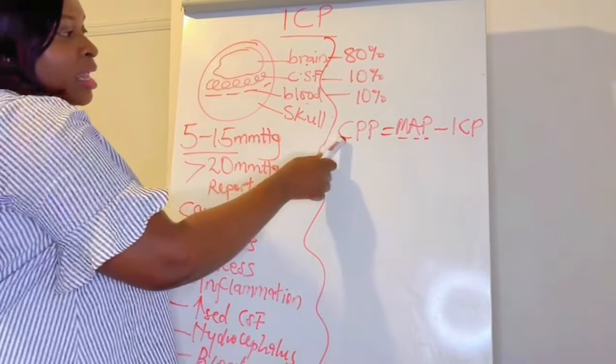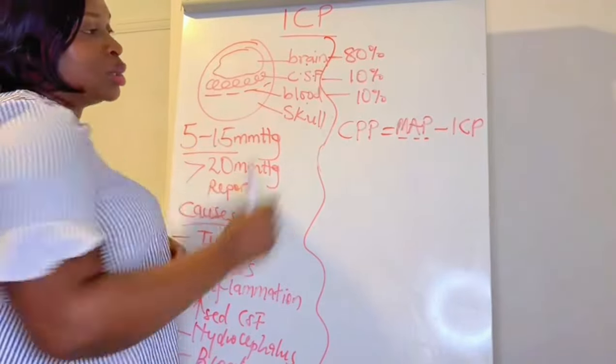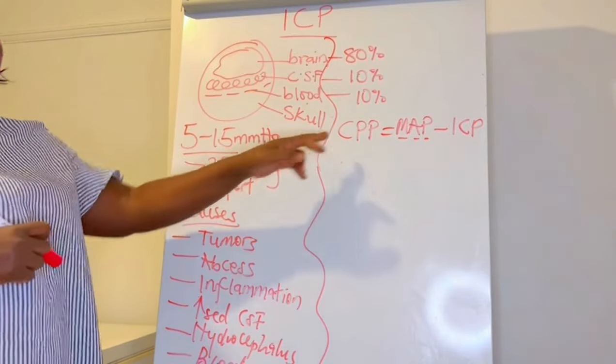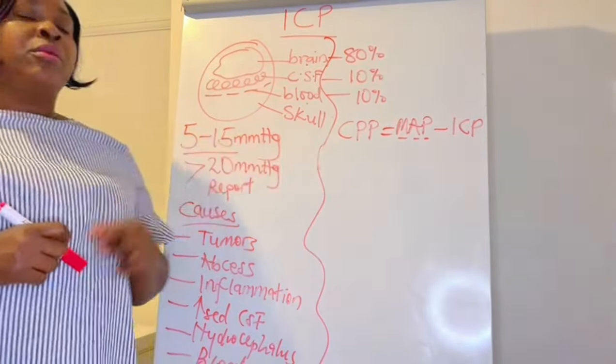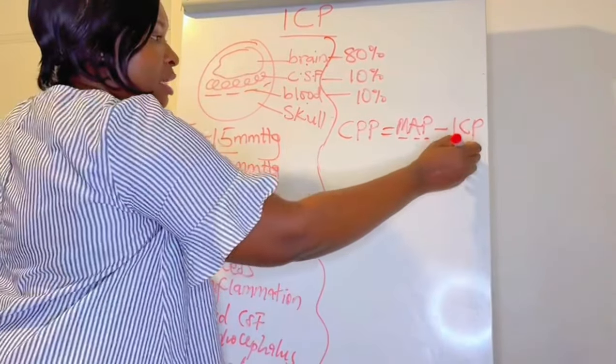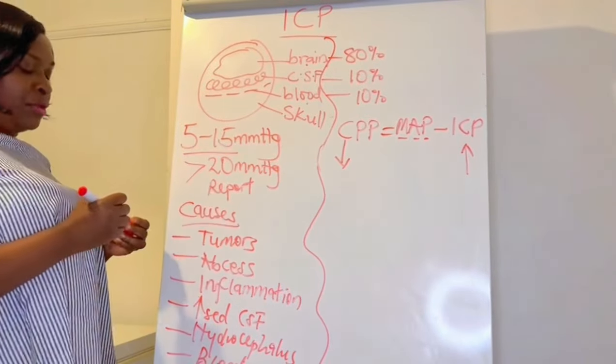So your cerebral perfusion pressure, you get it when you say MAP minus your intracranial pressure. This is very important for you in this topic because your CPP is indirectly related to your ICP. Anything that makes your patient have an increased intracranial pressure is going to indirectly lead to a decreased CPP.